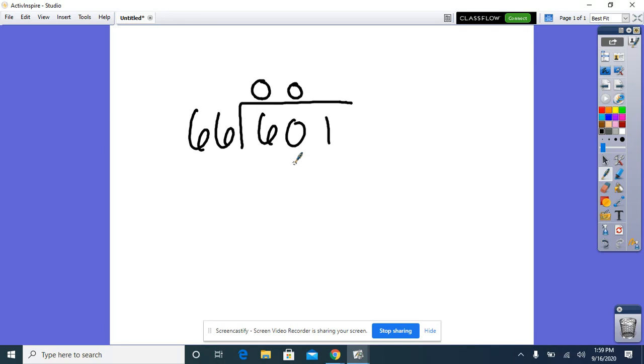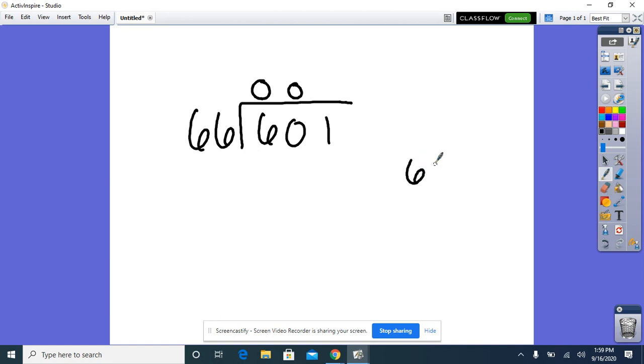So I can do 66 times 2, 66 times 3. But if we look at 66 and 601, we know if we take 66 times 10, that will give us 660. So it cannot go in 10 times because we go over 601. So let's go back down to 9.